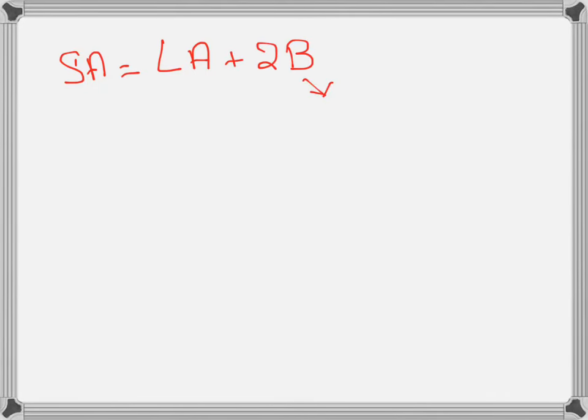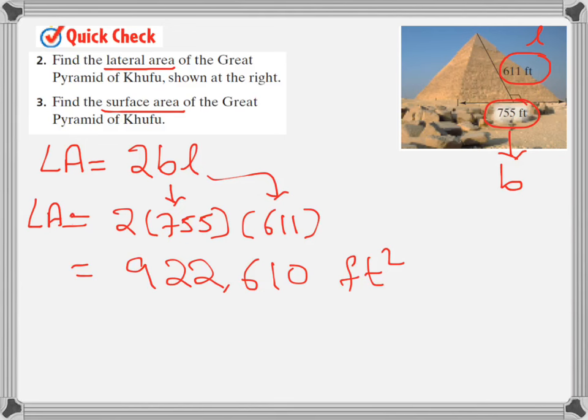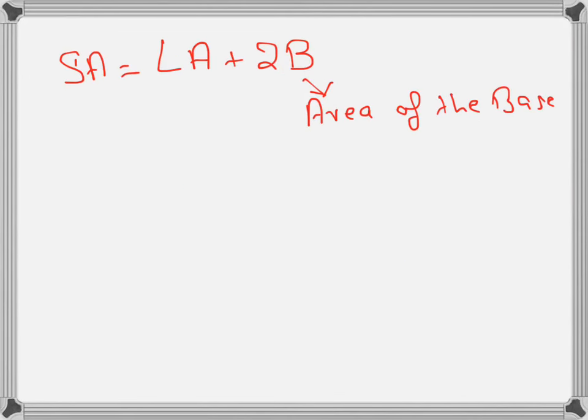And what does B stand for? The area of the base. And what is the shape of the base of the pyramid? It's a square. And how much is the side? 755.